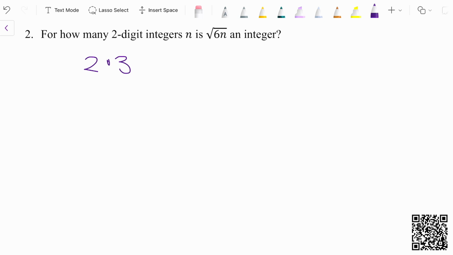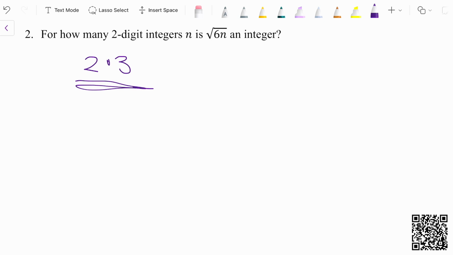But it's also asking how many 2-digit integers, so there are going to be multiple. The first thought you might get is probably just 6, because 6 times 6 is 36. But it's asking for 2 digits, so that makes our situation a little bit more complicated. The 6 idea is very good, because it means we have to take in another 6 to make this, at the most basic necessity, a perfect square.